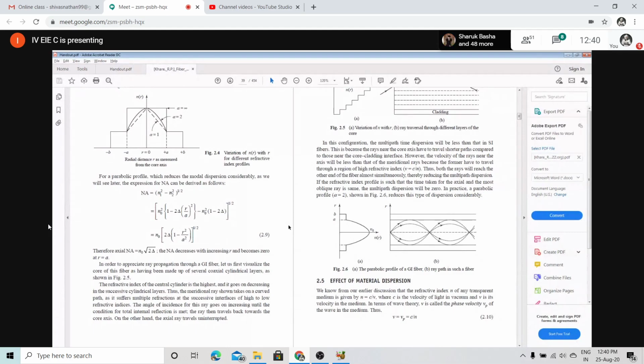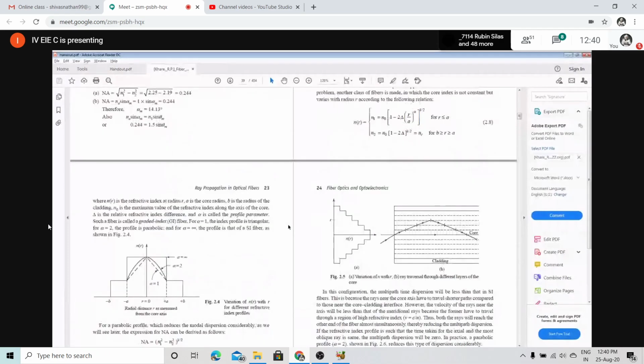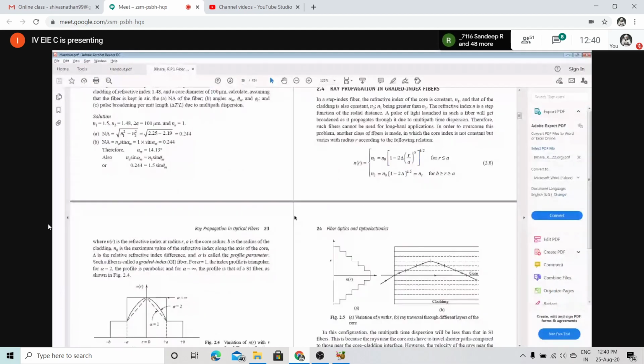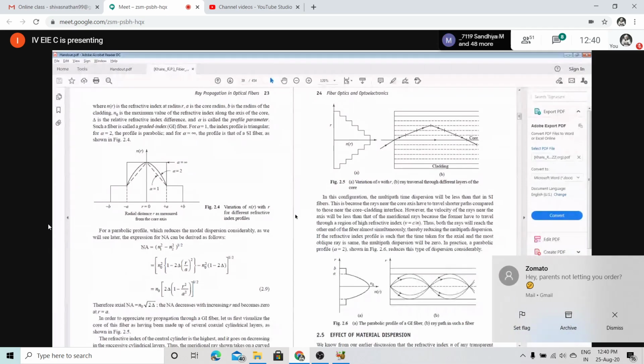Now we are going to replace the n1 and n2 values in terms of n0, which we know from the previous page. So the final expression will be NA is equal to n0 times the square root of 2 delta times 1 minus r square by a square. Is that clear?